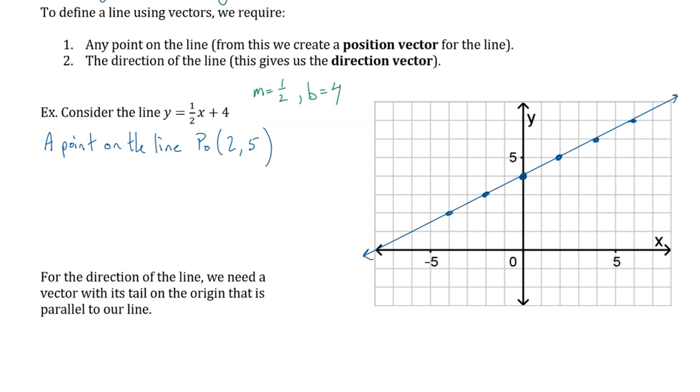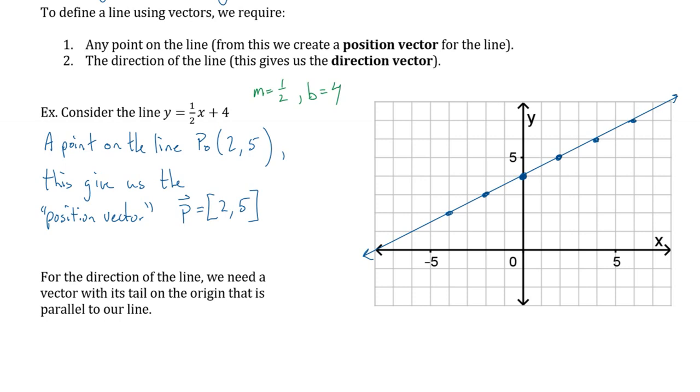Now, this gives us the position vector, we'll call it vector P, and we're going to write it as a vector with square brackets. And that is vector 2 comma 5.